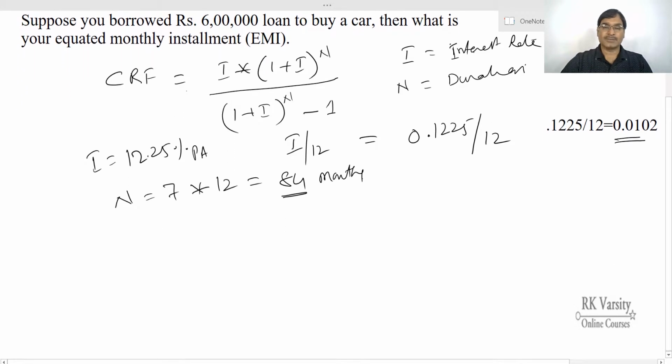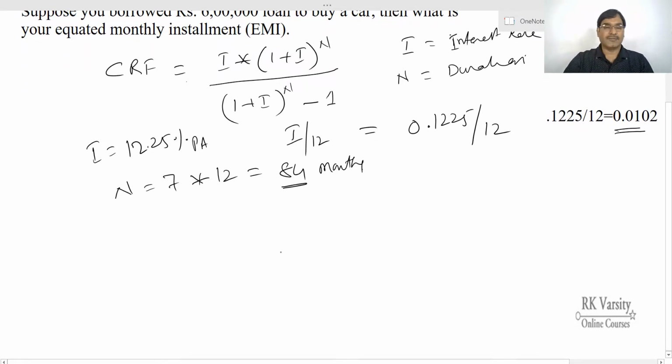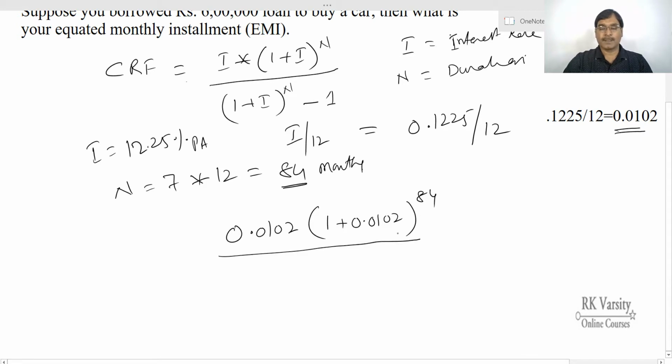Now we substitute these values in our CRF formula. So your i is the monthly interest, that is 0.0102. This times (1 plus 0.0102) to the power of n, which is 84 months, upon (1 plus 0.0102) to the power of 84 minus 1.